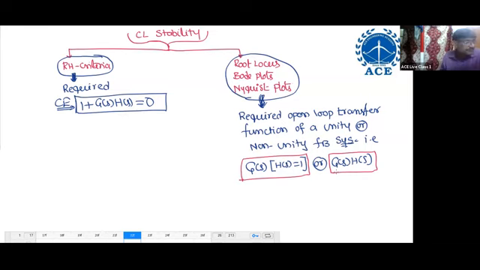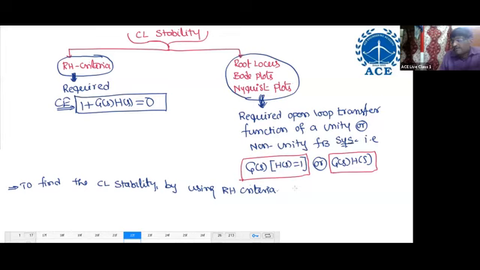I am already coming to the end. In another 5 minutes, I'll try to close. So remember, to find the closed loop stability by using the RH criteria, we require the characteristic equation, that is 1 plus GH equal to 0.